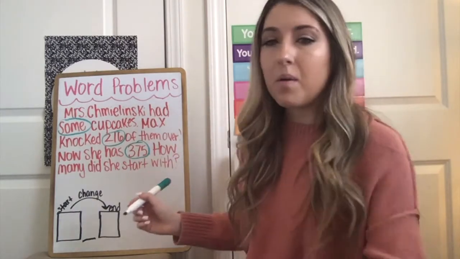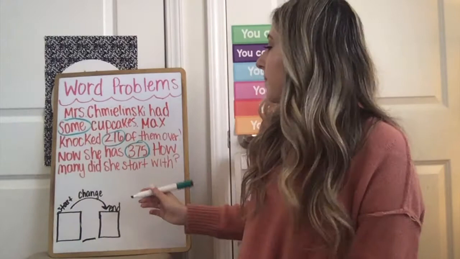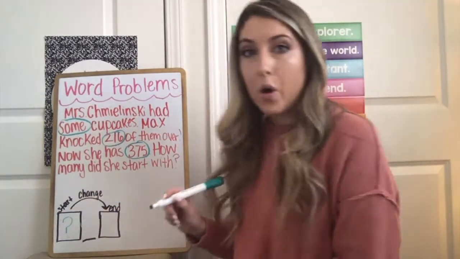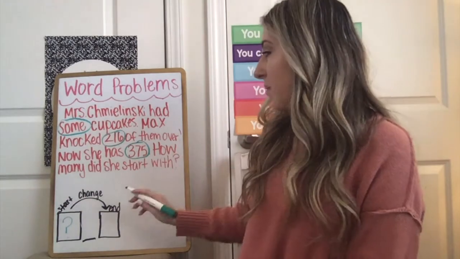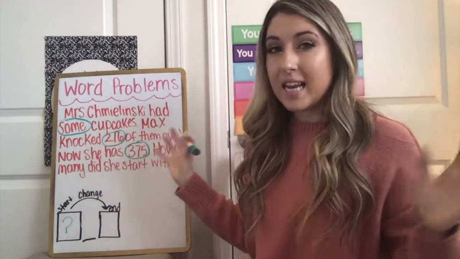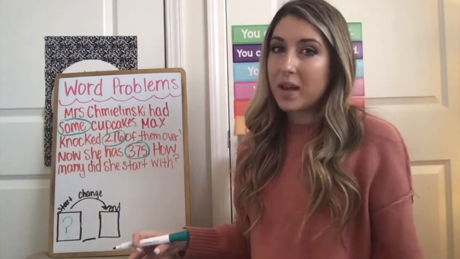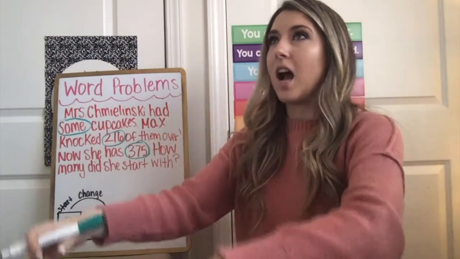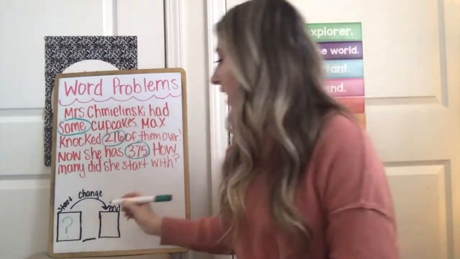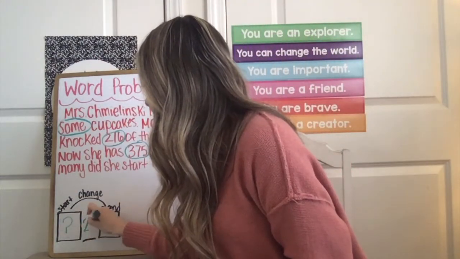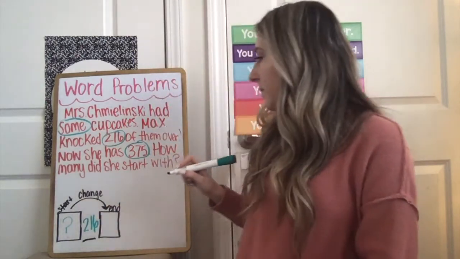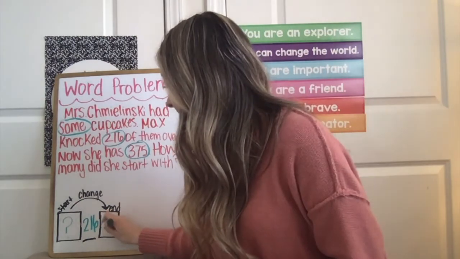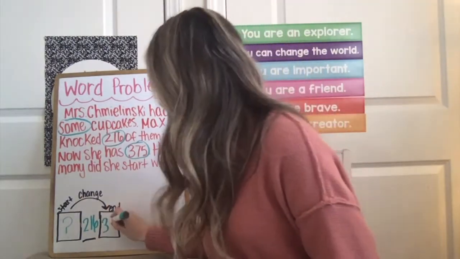So I know that I don't know how many she started with, right? My start is my unknown. I know my change is that he knocked over 216, so I can think, well, she had a lot of cupcakes. Okay, and then Max knocked over 216, so I know that's my change in my problem. Okay, and she ended with 375. That's still a lot of cupcakes.